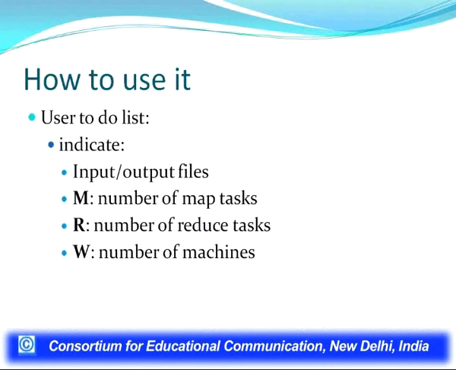How to use it? Again, a very important factor: the user to-do list. Indicate the input and output files, M the number of map tasks, R the number of reduce tasks, and W the number of machines required.